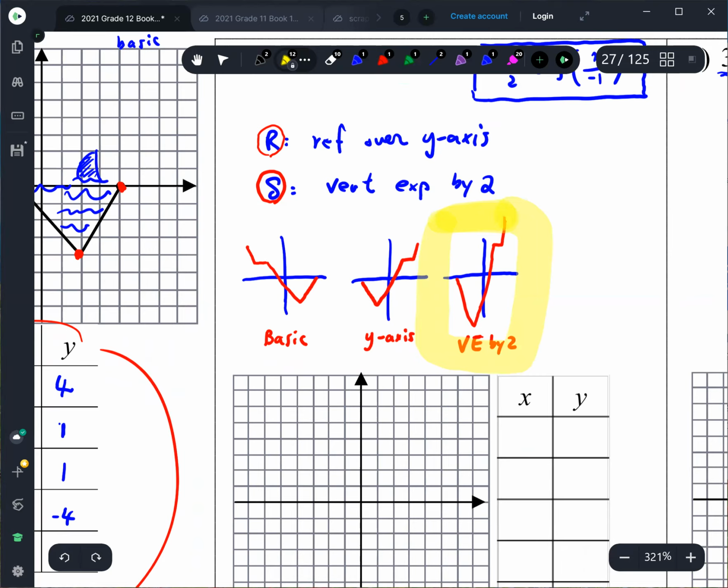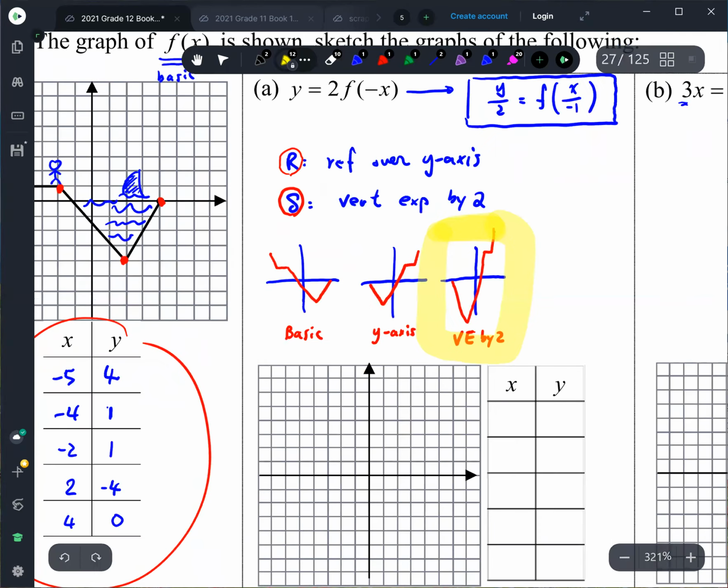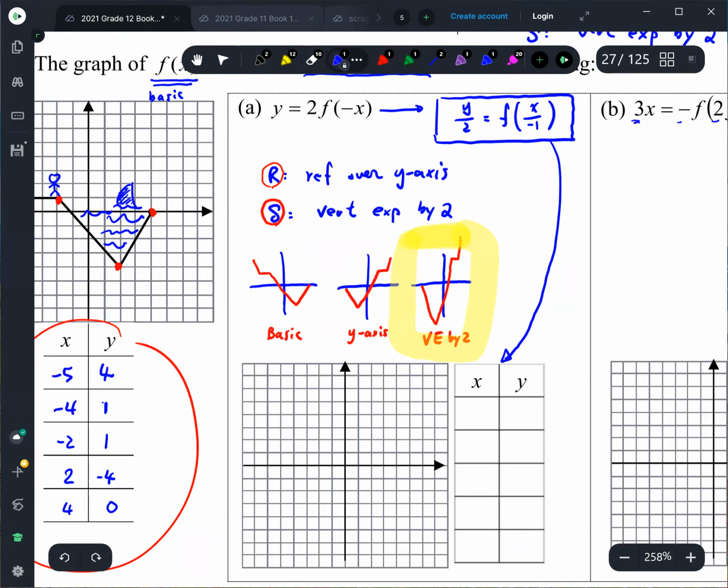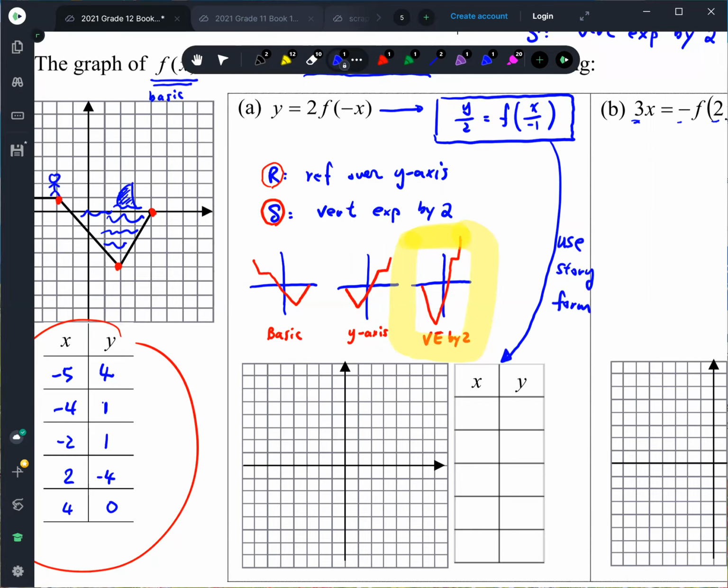Okay, so now we want to get the exact points. When you want to get the exact points, all you need to do is take your story form and apply it to your basic values. So please write that down. Very simple. For the X part, I'll use the red.